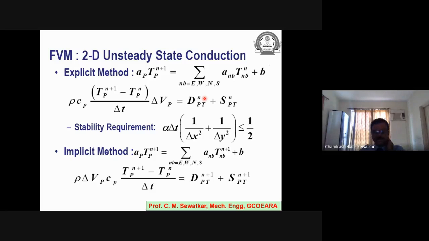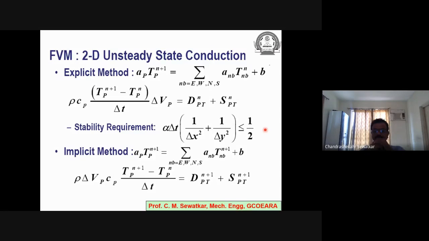For this explicit methodology to work properly, there is a stability criterion. The stability criterion is alpha times delta t times (1/delta x squared plus 1/delta y squared) should be less than or equal to half.